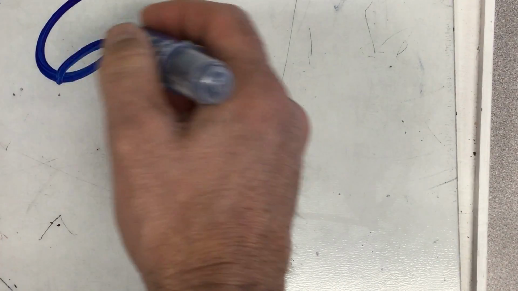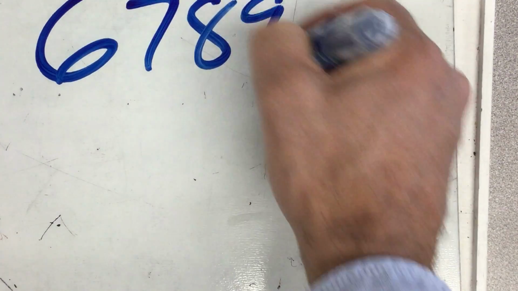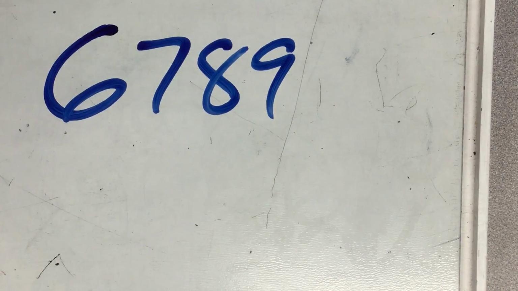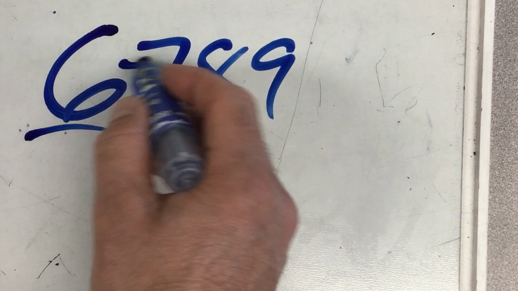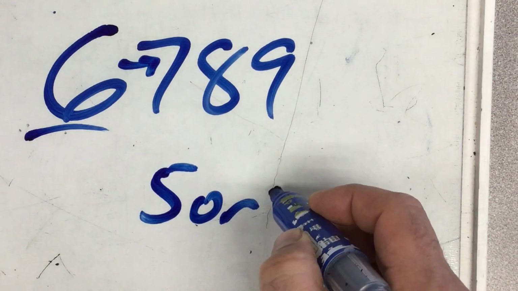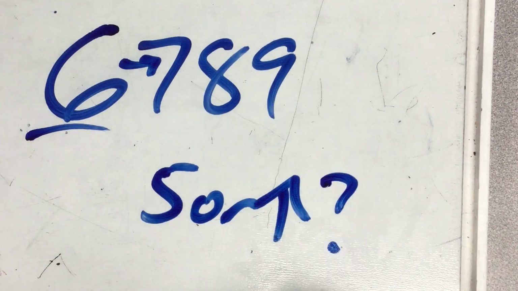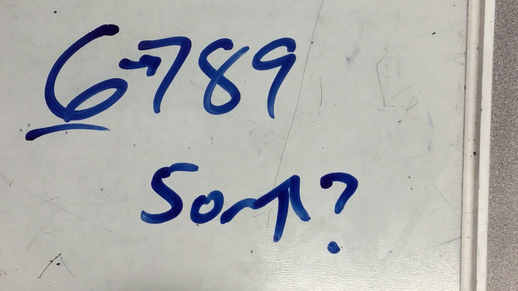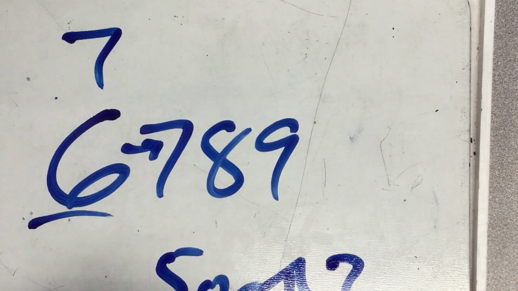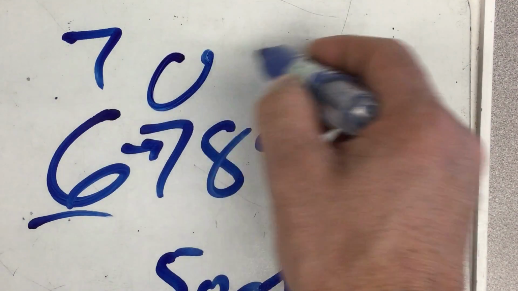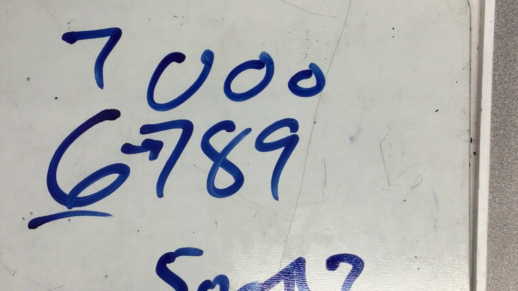Example 1 says round this number, 6,789, to the nearest 1,000. So we look here, there's my 1,000. I look to the right. Is it 5 or above? The answer is yes. So I put it up 1 from the 6 and fill in with zeros.